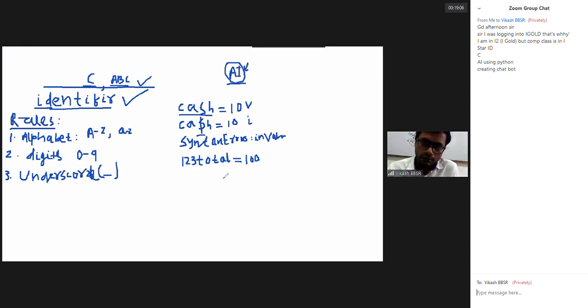What is the reason? Why is it not valid? Very good. The first character cannot be a digit. You have to write this one. Digits are allowed, but the first character should not be a digit.